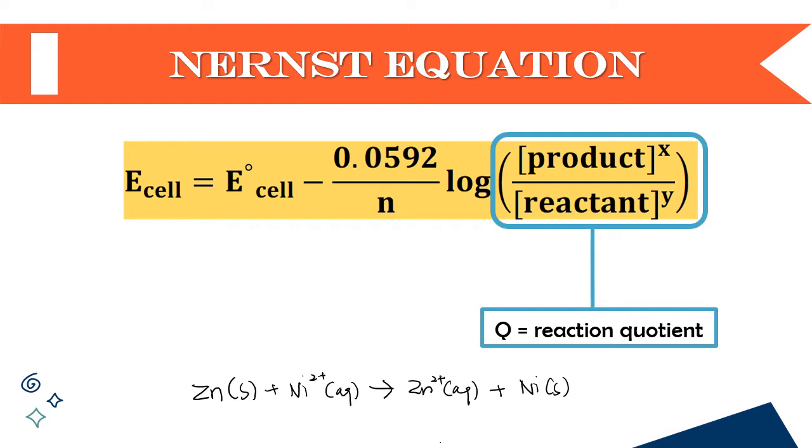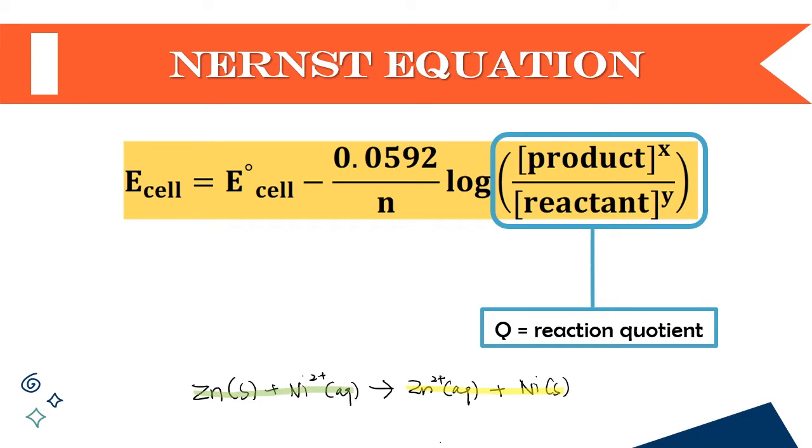How am I going to write down my Q, my reaction quotient? Our reaction quotient will be the product over reactant. So this is our product and this is our reactant.